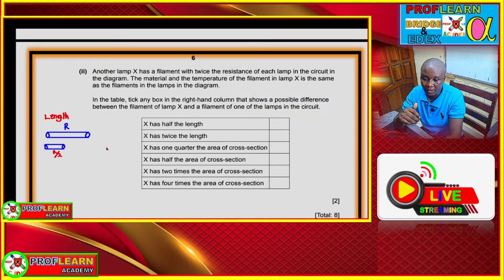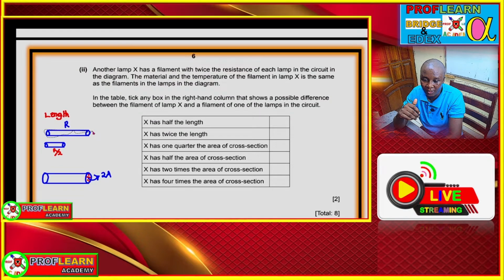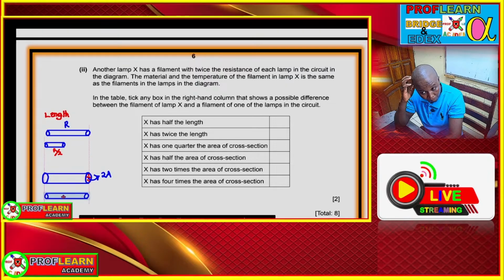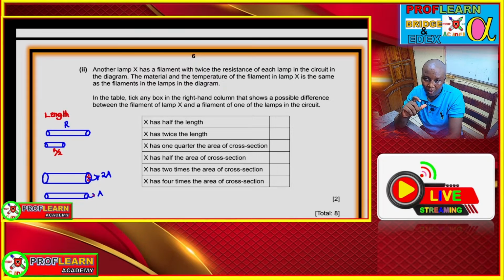Second case, when we are talking about cross-section area, if you have a conductor of that cross-section area, we can say 2A, and we are comparing it with another conductor of the same length but with a cross-section area A. So the smaller the cross-section area, the fewer the free electrons for conduction of electricity.